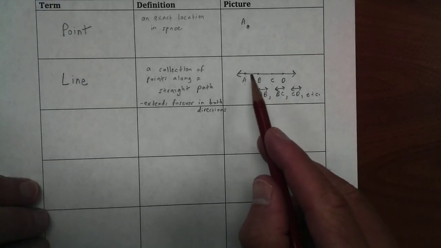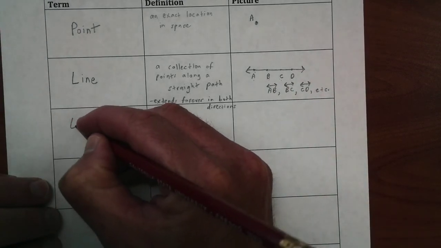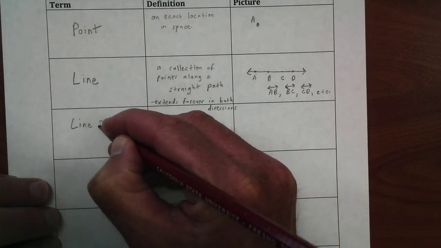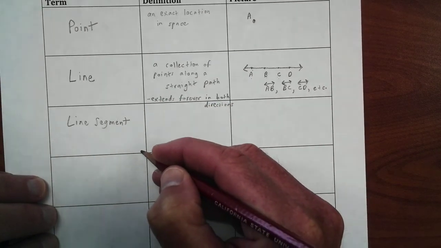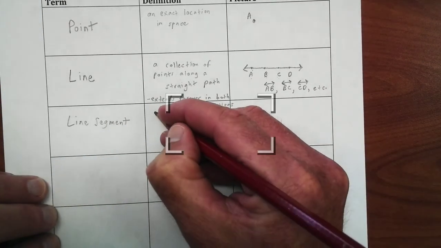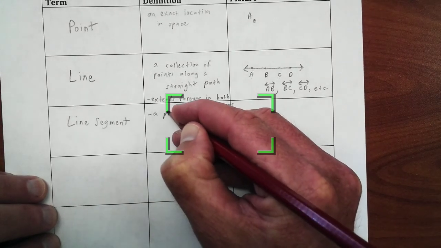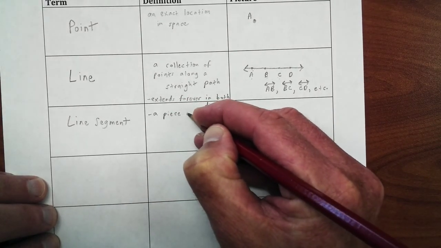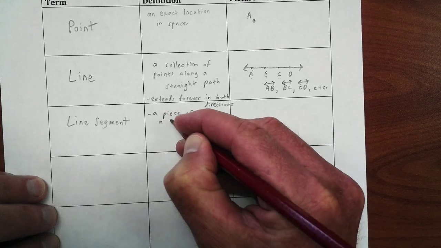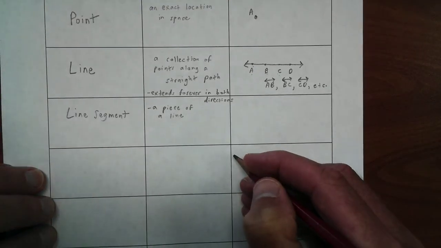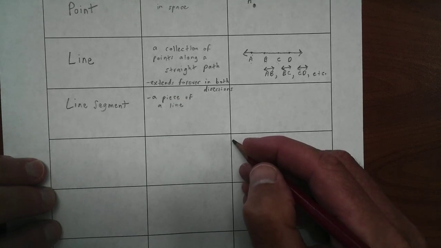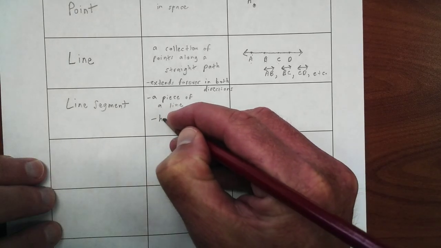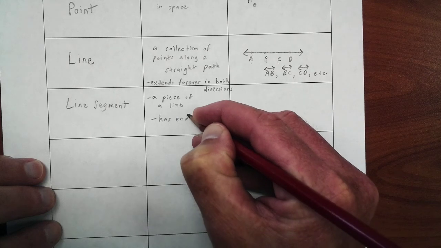Now, if you have a line without the arrows, it's called a line segment. A line segment is just a piece of a line. And it doesn't extend forever. It has a starting point and an ending point. So it has endpoints.